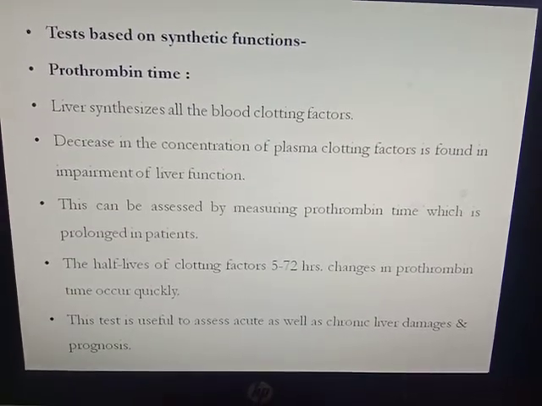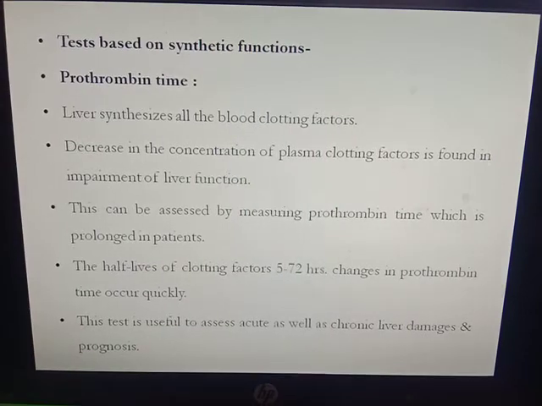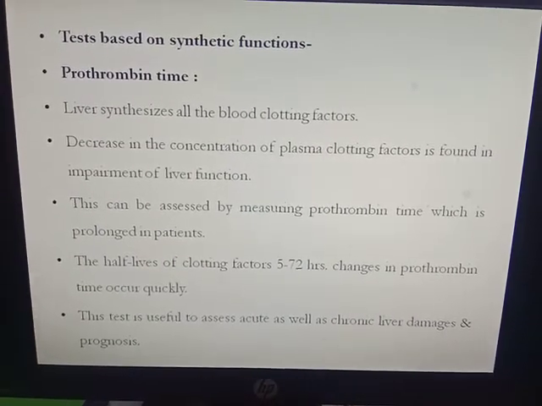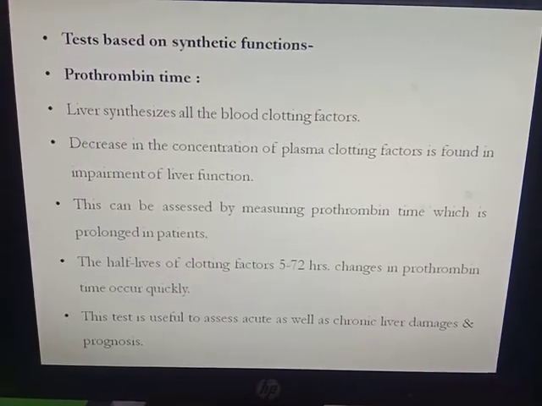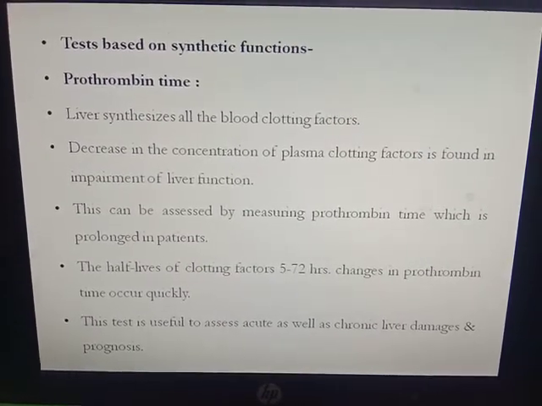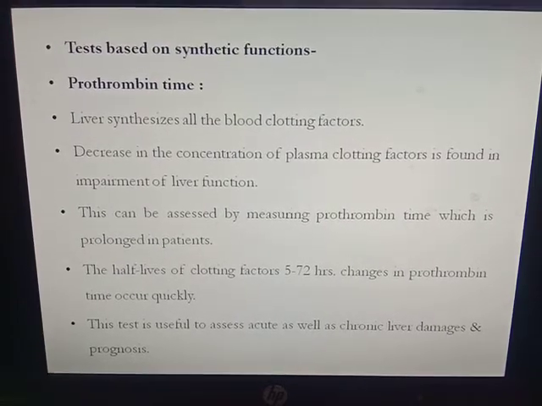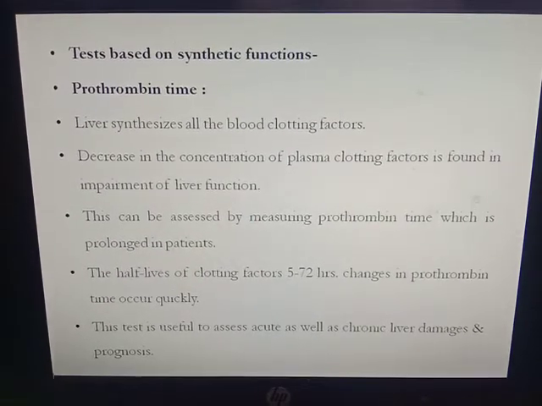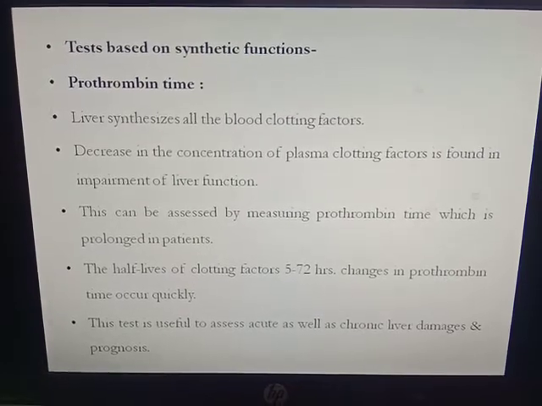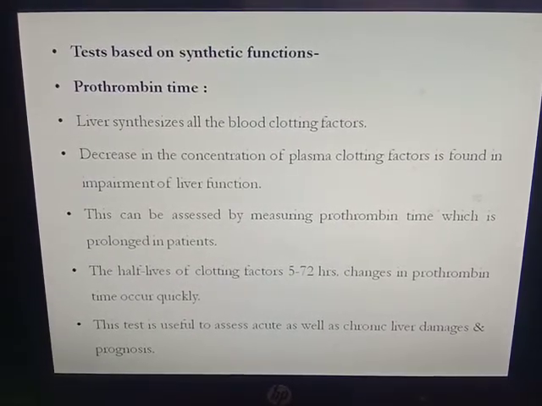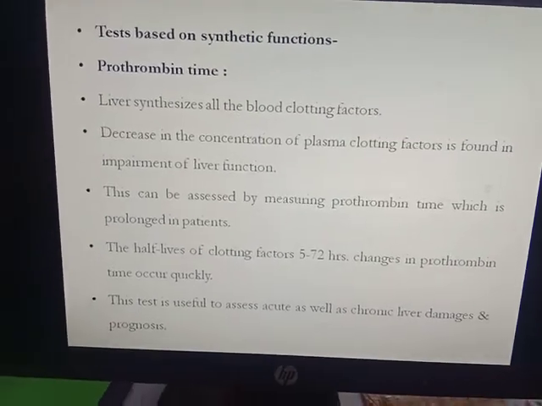This can be assessed by measuring the prothrombin time, which is prolonged in a patient with impairment of liver function. The half-lives of clotting factors are 5 to 72 hours. Changes in prothrombin time occur quickly in liver impairment. This test is useful to assess acute as well as chronic liver damage and its prognosis.